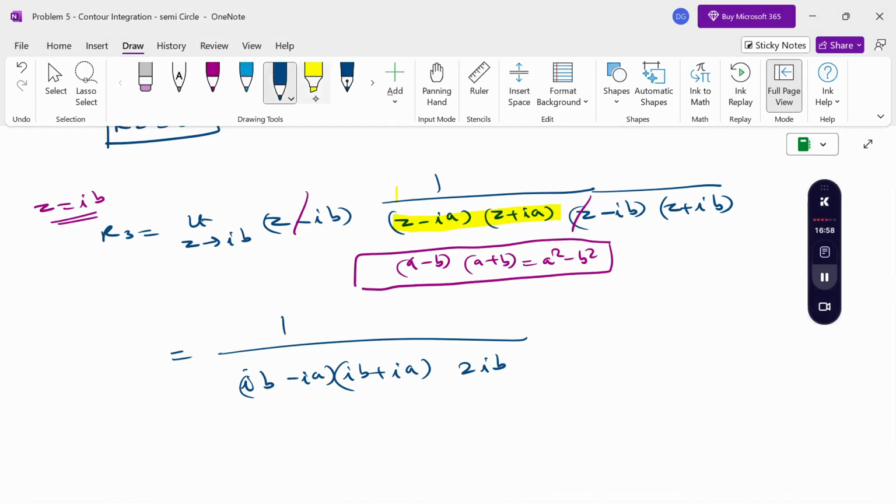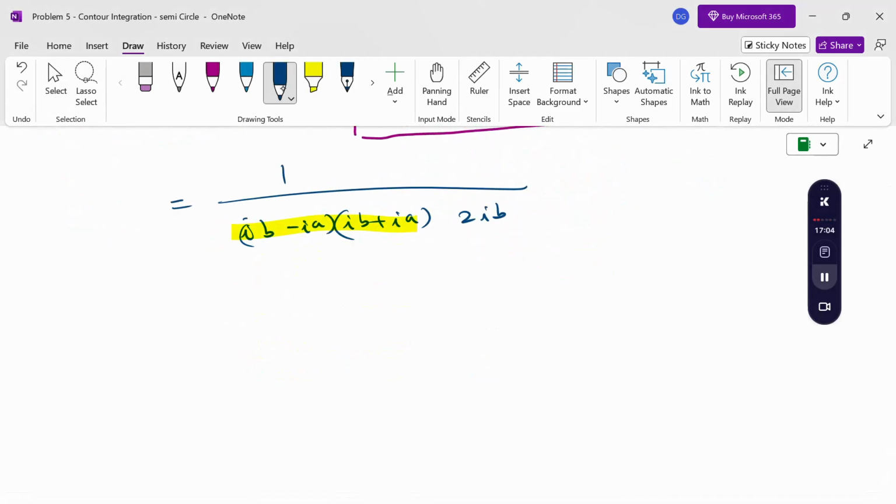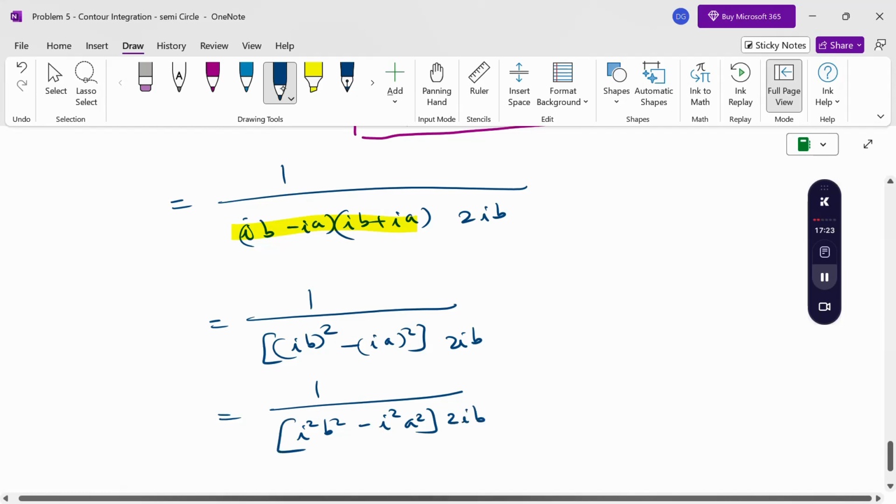So this term is a minus b, a plus b, a square. 1 by (ib square minus ia square), a square minus b square, into 2ib. So this is i square b square, i square a square, 2ib. i square value is minus 1.